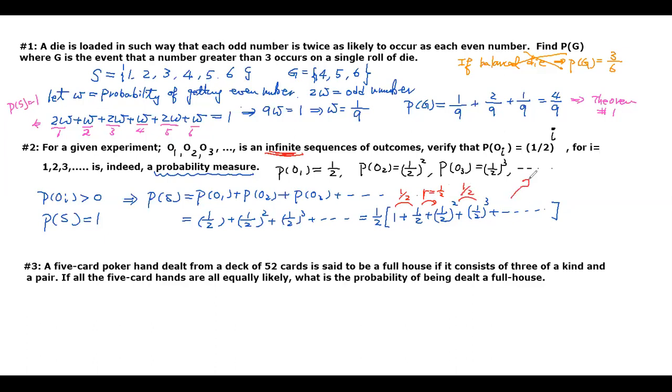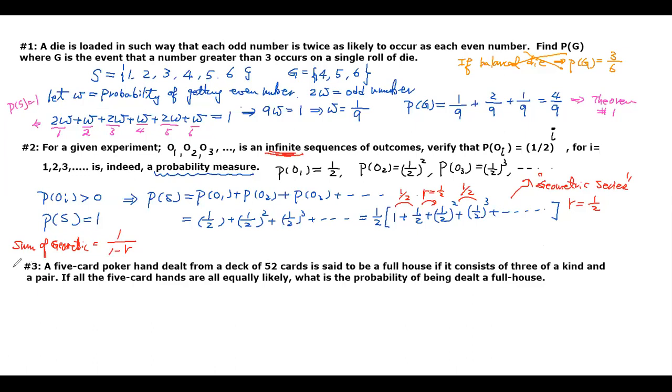Inside this is what you learned from your calculus class. What do we call this? This is a geometric series with r equal to 1/2. Do you still remember how to find the sum of a geometric series? It is equal to 1 over 1 minus r, correct?